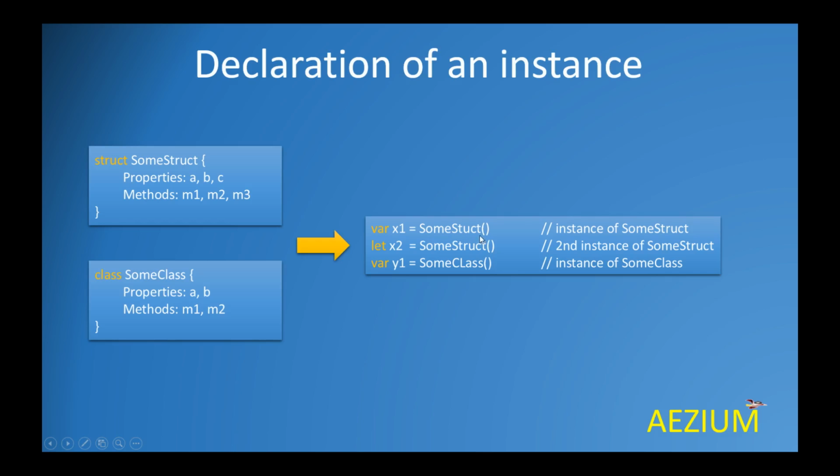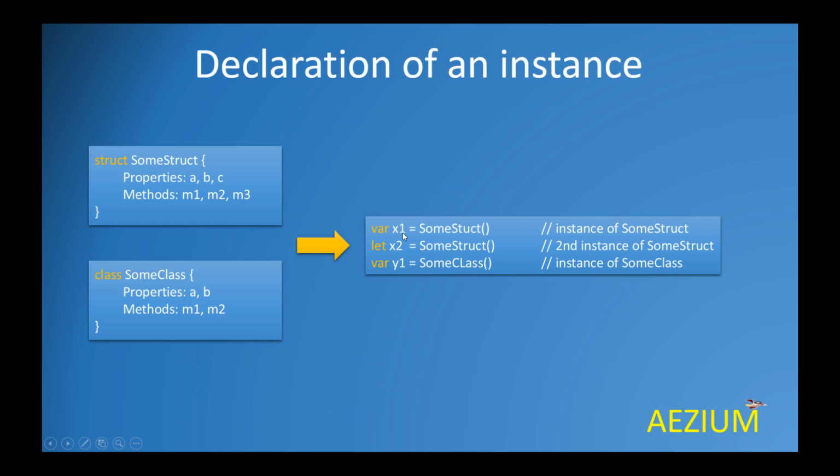Then we use this initializer, which has the same name as the structure or class, followed by parentheses. This is the simplest form of initializer which is possible. I am not going to discuss how initializers actually work in this tutorial. We will be talking about those in a future tutorial.